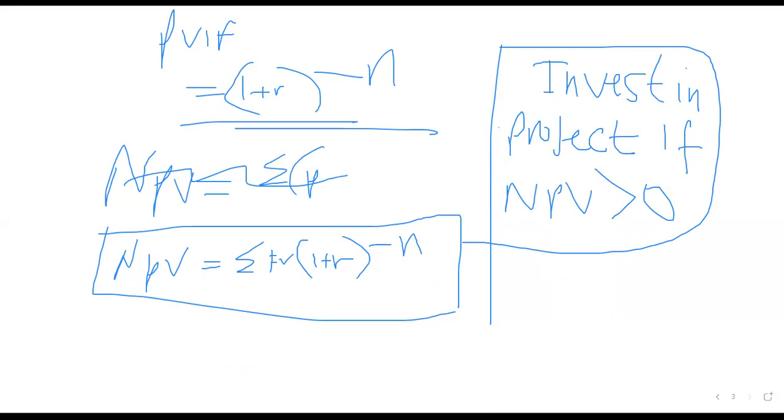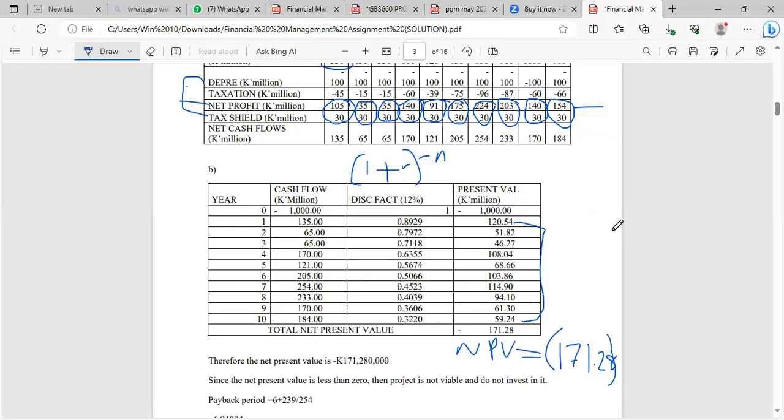So this is what is going on. Here, after adding all those ones, the sum of present values is 828.73. So that's what we have here.